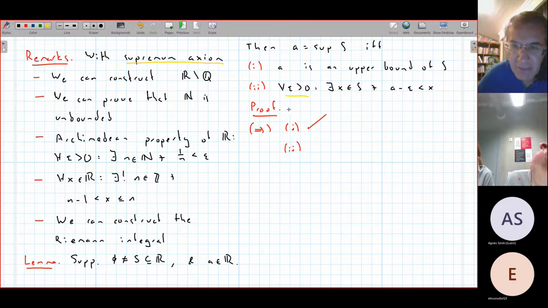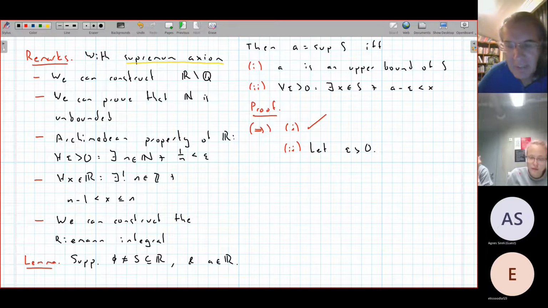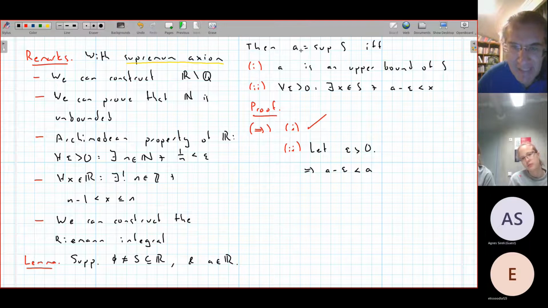So you start taking some epsilon greater than 0. So let epsilon be greater than 0. And we consider the number A minus epsilon. So A minus epsilon is less than A, and A is the least upper bound.